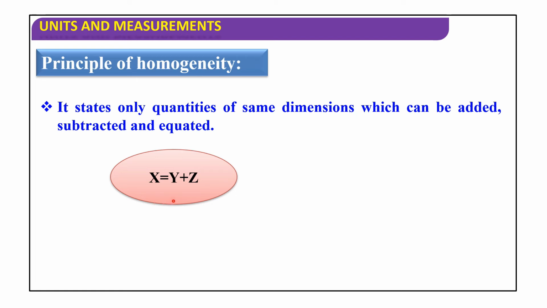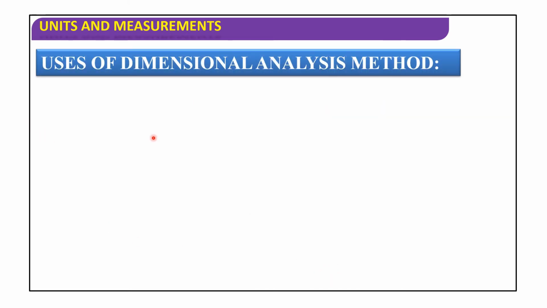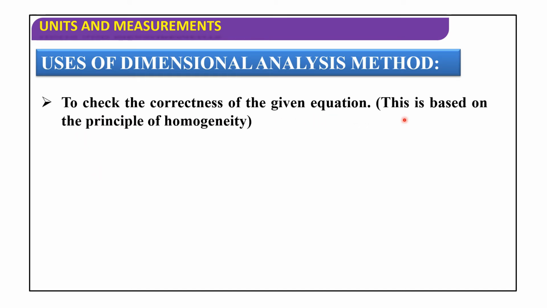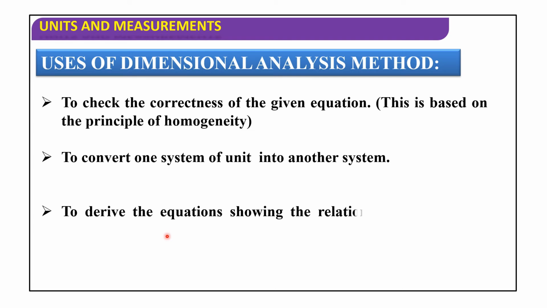If X equals Y plus Z, then dimensionally, X equals Y equals Z. Uses of the dimensional analysis method: to check the correctness of a given equation, which is based on the principle of homogeneity; to convert one system of units into another system; and to derive equations showing the relation between different physical quantities.